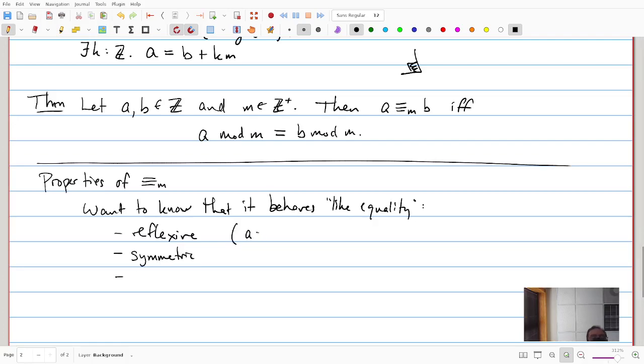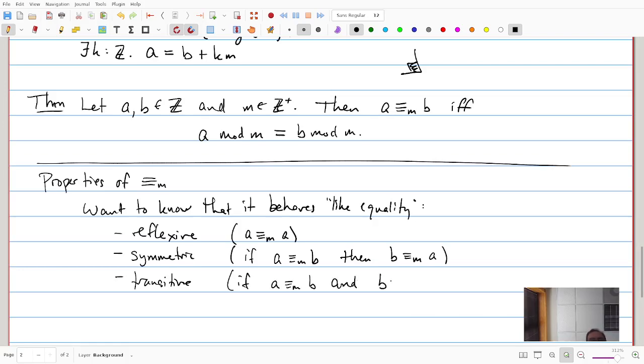Reflexive means A is always equivalent to A. Symmetric means if A is equivalent mod M to B, then B is equivalent modulo M to A. And transitive means that if A is equivalent to B and B is equivalent to C, then A is equivalent to C.